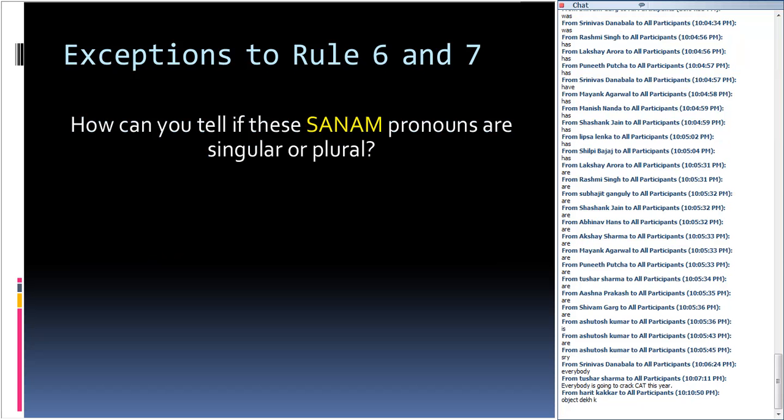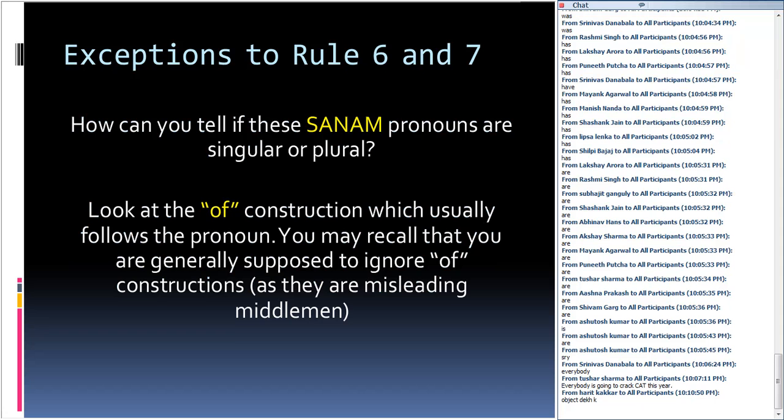So now the question is, how can you tell if these sanam pronouns are singular or plural? For that you will have to look at the of construction, which usually follows the pronoun. And you may recall that in rule number 6 you were supposed to ignore of constructions because they are misleading middlemen. But in the case of sanam pronouns, there is going to be an exception.